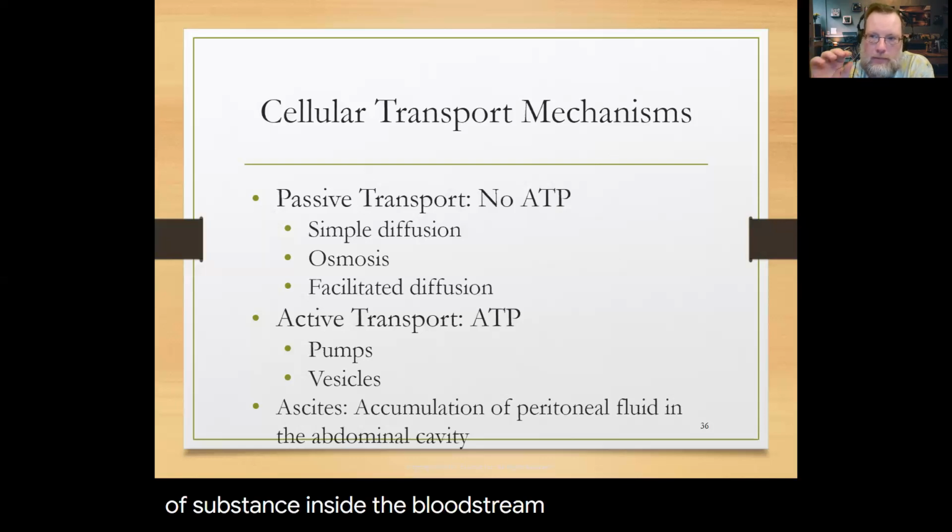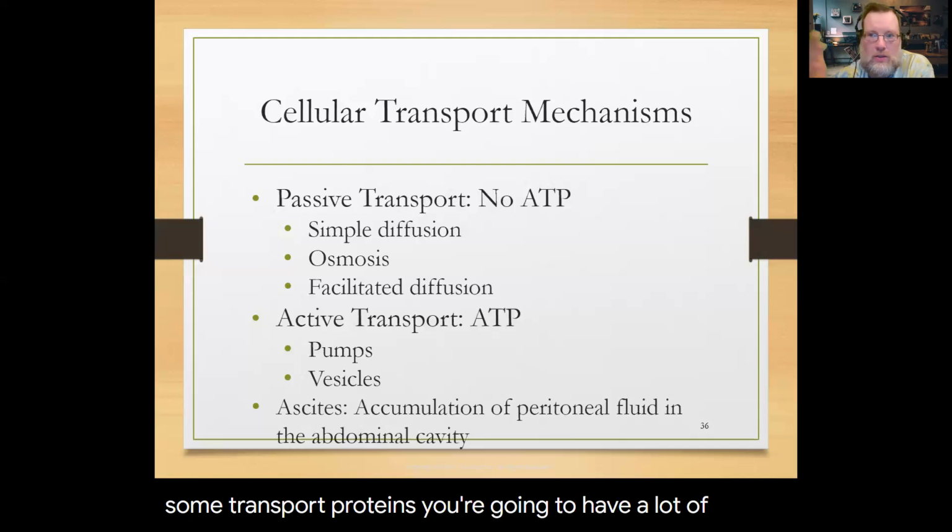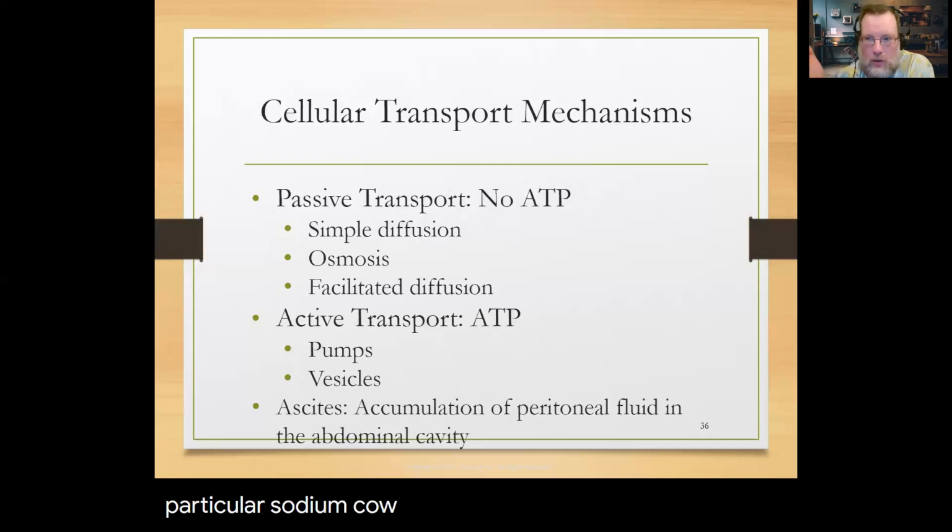In the bloodstream, you have albumin under normal conditions. Outside of the bloodstream in the extracellular space, you're going to have some other proteins, some of it albumin, but some transport proteins. You're going to have a lot of particulate sodium, chloride ions. There's a lot of stuff floating around and living in the extracellular space.